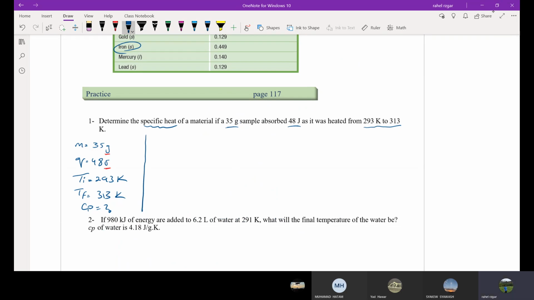What do we need? If you want to write the equation, CP equals Q divided by M, mass, times delta T. But we don't have delta T as an exact number. So what do we do?